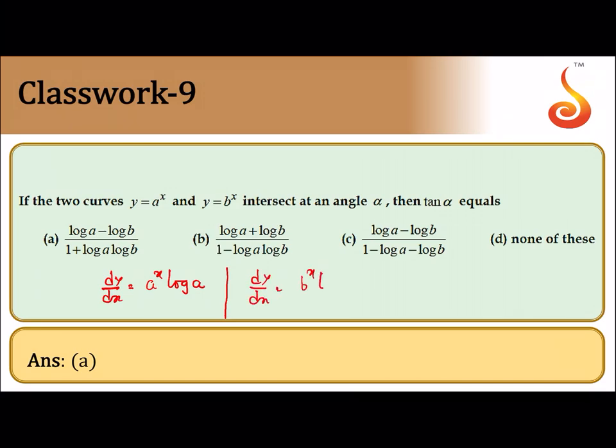Example 9. The curves y equal to a to the power x and y equal to b to the power x intersect at angle alpha, tan alpha. So here dy by dx will give you a to the power x log a. Similarly, dy by dx is b to the power x log b.